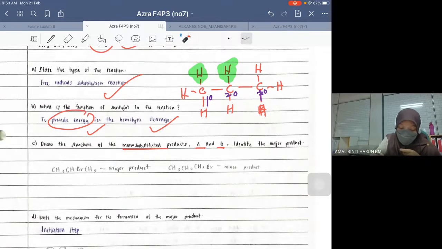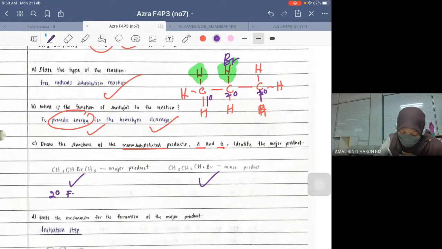So maksudnya bromine akan lebih suka pergi substitute dekat carbon number 2. So you ada produk yang ni, and then the other one is Br at carbon number 1 as a minor product. So yang kenapa dia major? Sebab apa? Dia datang daripada secondary free radical, which is more stable than primary free radical.